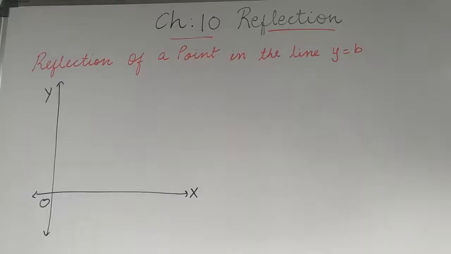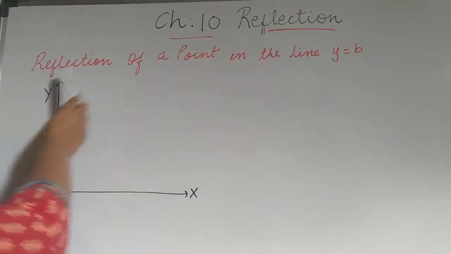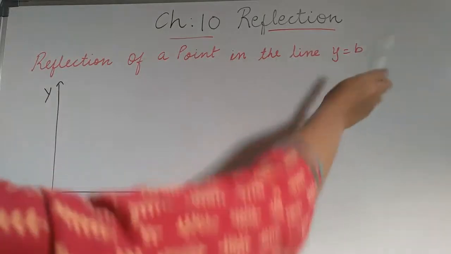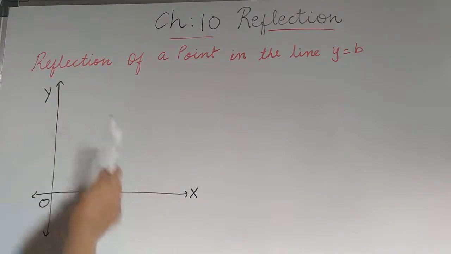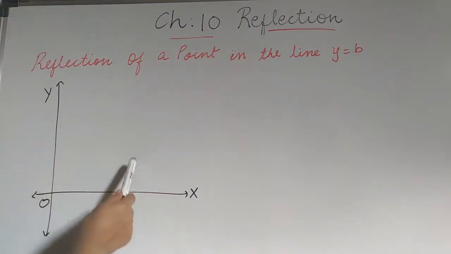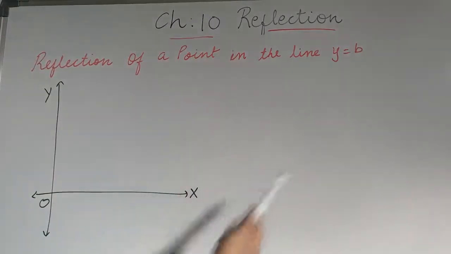Now let us study the reflection of a point in the line y is equal to b. It means when the line is parallel to the x-axis. Students, prior to this, what we have studied is that when the line is parallel to the y-axis, that line will be x equal to a.